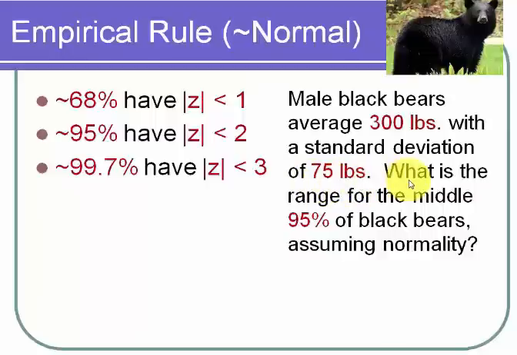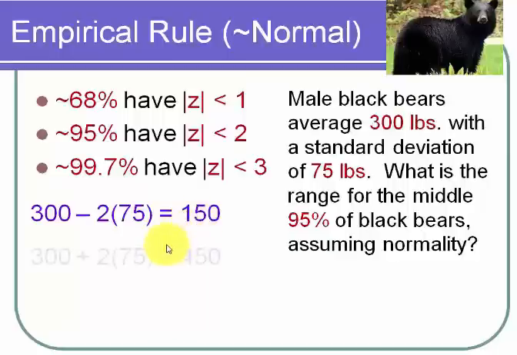Okay, let's assume that these black bears are approximately normal. Then what is the range for the middle 95% of black bears? So to find that, we take 300, that was the mean, and subtract 2 standard deviations. So 300 minus 2 times 75, and that's 150.